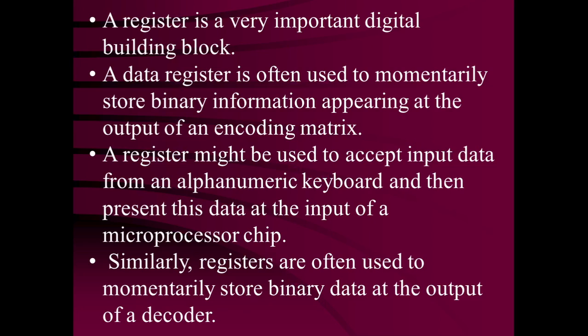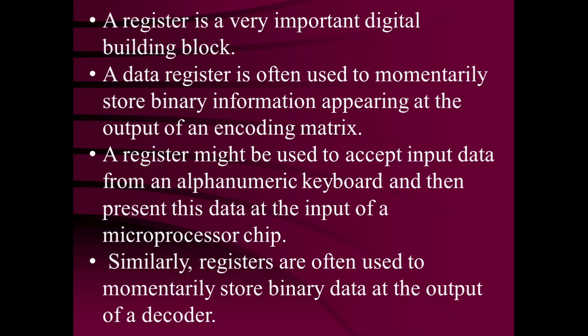Now we will discuss a little bit about the different applications or uses of the shift register. A register is a very important digital building block because the shift register is one of the important integral parts of any digital system which can be prepared, and so the shift register is required for temporary storage. A data register is often used to momentarily store the binary information appearing at the output of an encoding matrix.